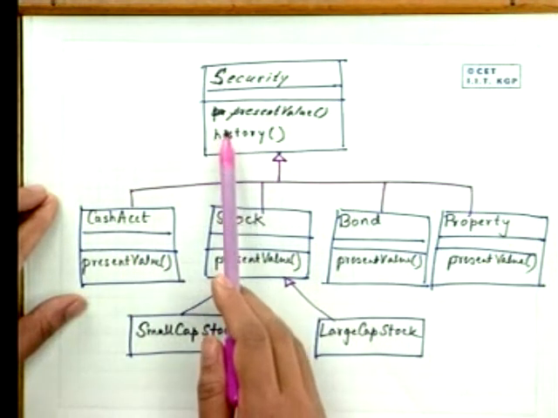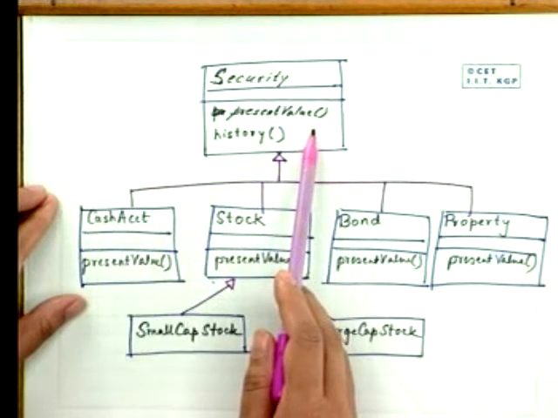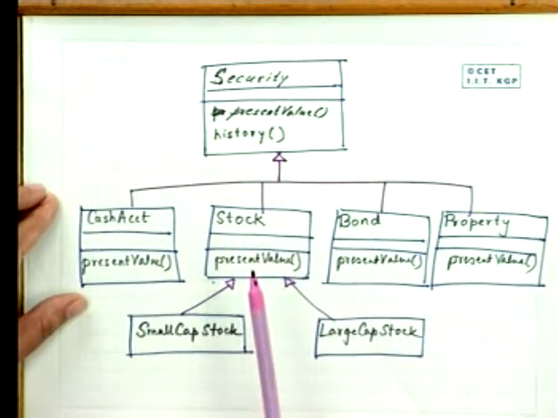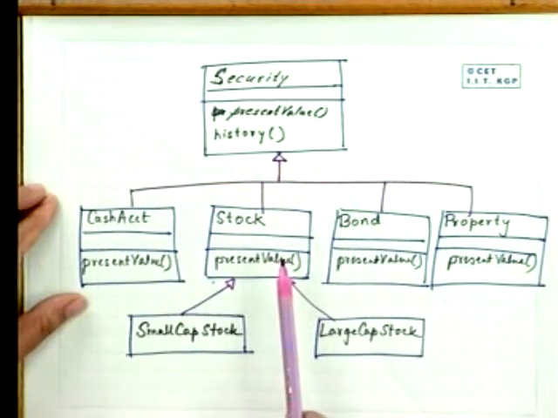Abstract operations are also denoted in italics, and abstract operations means that the implementation of the operation will not occur within the class.